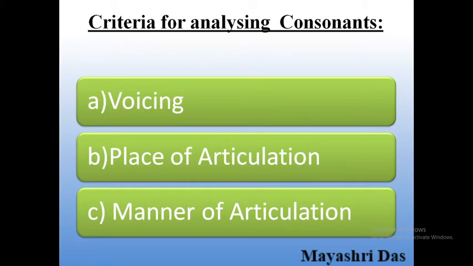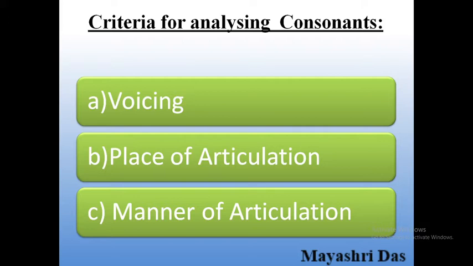The criteria for analyzing consonant sounds are voicing, place of articulation, and manner of articulation. Voicing is measured through the vibration of the larynx or vocal cords.